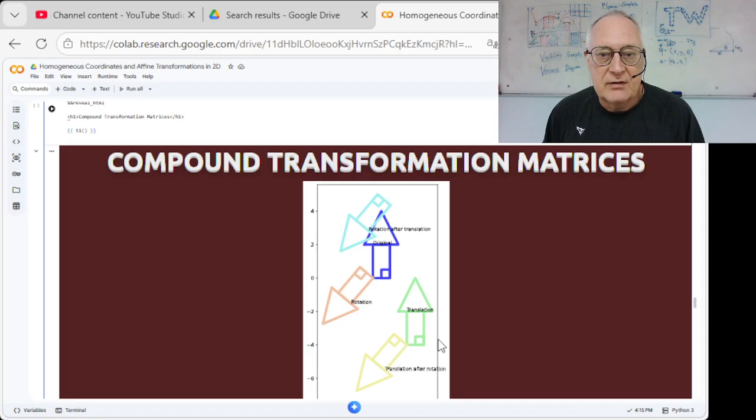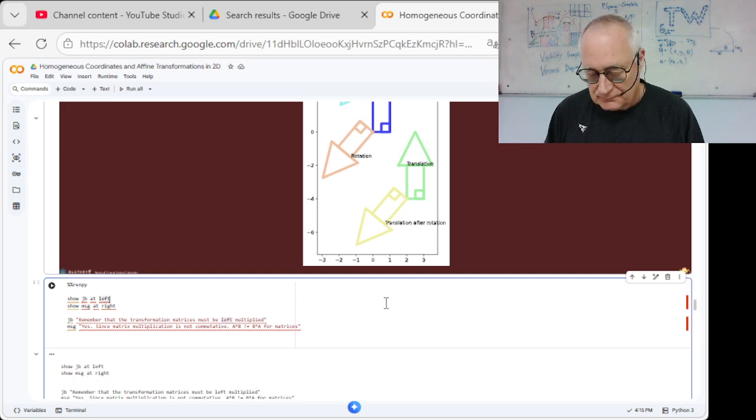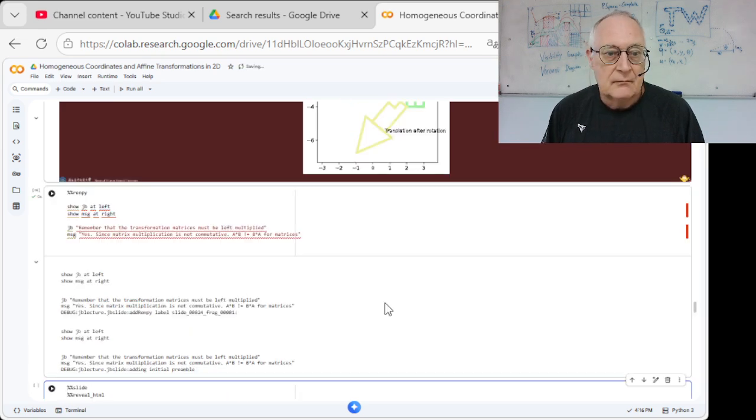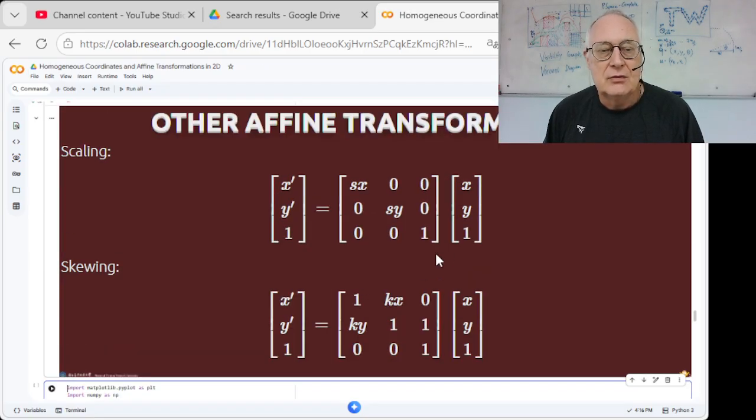So first we translate this here, then we rotate it, and the other one is to rotate it first and then translate it. One gives you the cyan arrow here, the other one gives you the yellow arrow. So make sure that if you compound them, you left multiply them.